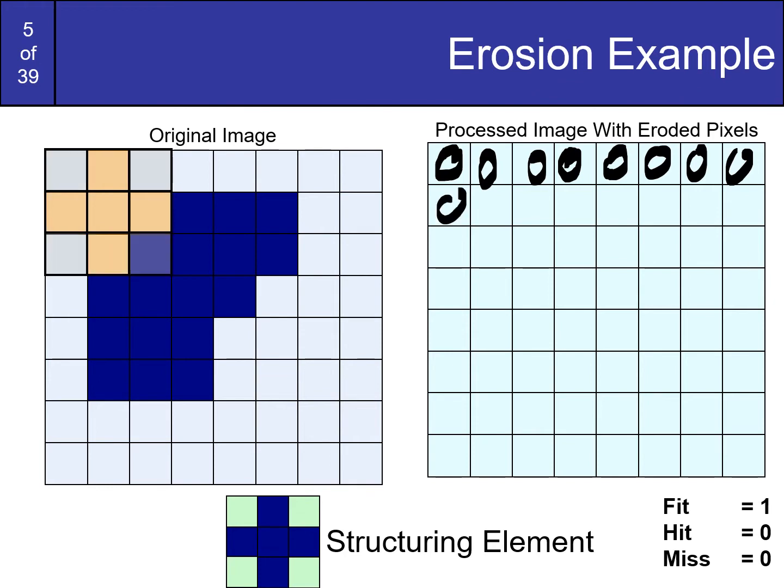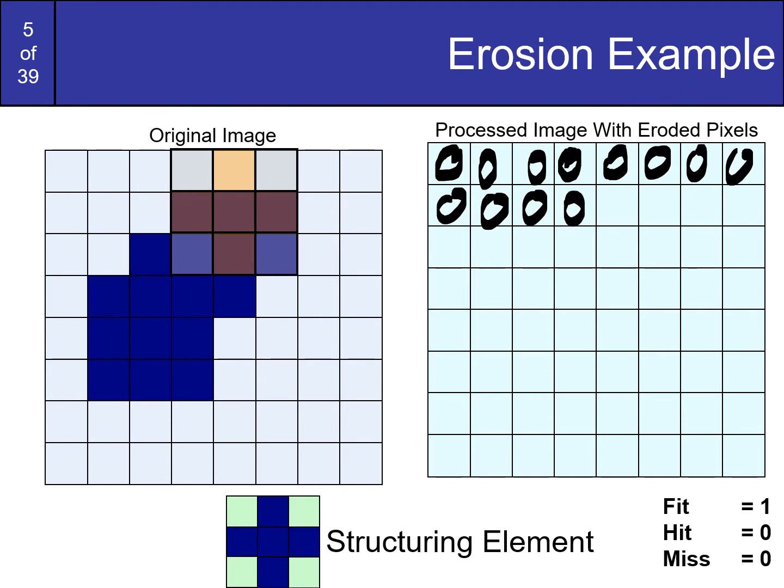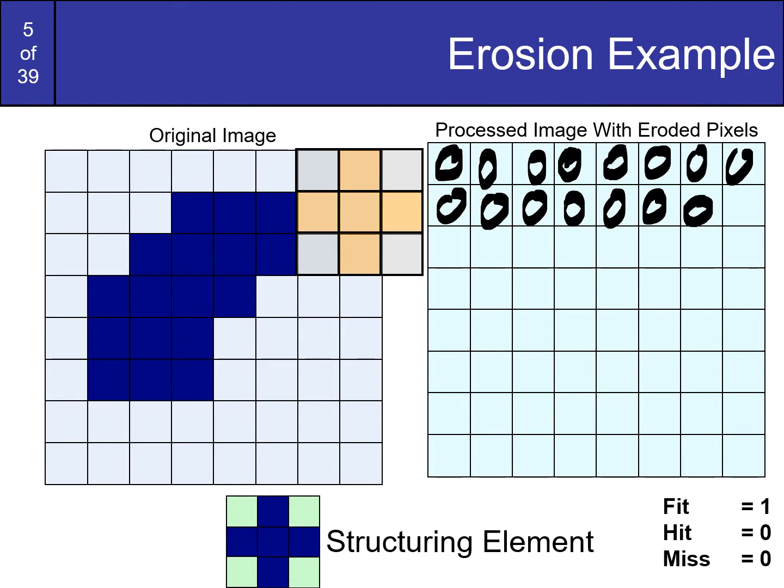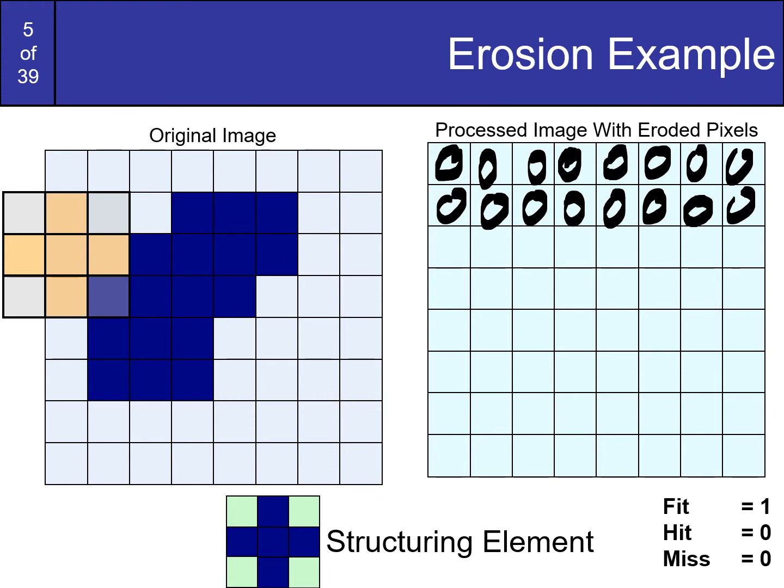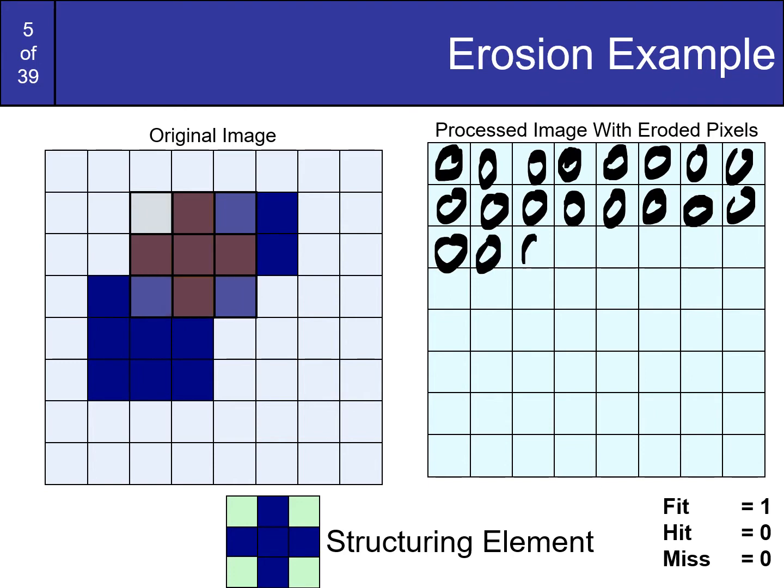Again miss 0, miss 0. Now we have hit, still 0, hit 0, hit 0, hit 0, hit 0, miss 0, miss 0, hit 0, hit 0, fit 1, fit 1.